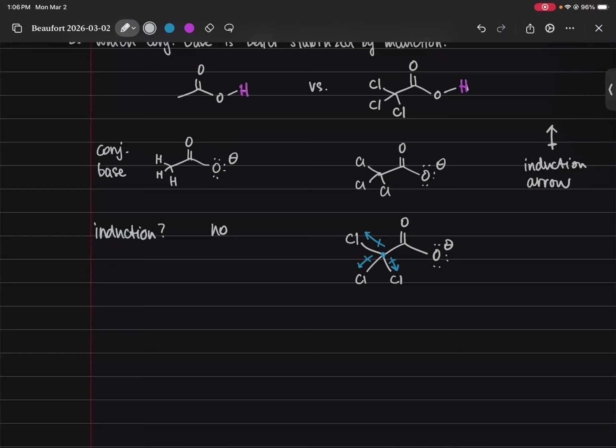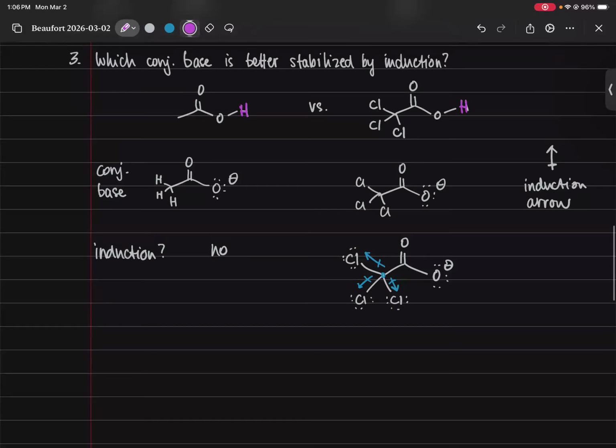Actually, I suppose it wouldn't be a bad idea to draw out the lone pairs on the chlorines, a bunch of them. Halogens love electrons, so they're pulling electron density away from that carbon atom, which in turn is allowing electron density to generally be pushed in this direction. So that takes some of the negative charge away from the oxygen, spreads it out, and makes it more stable.